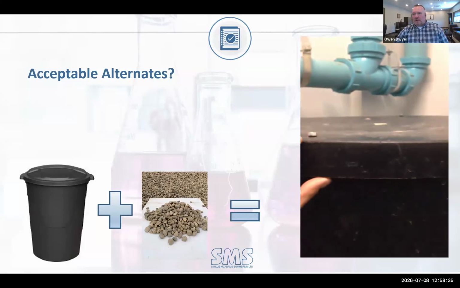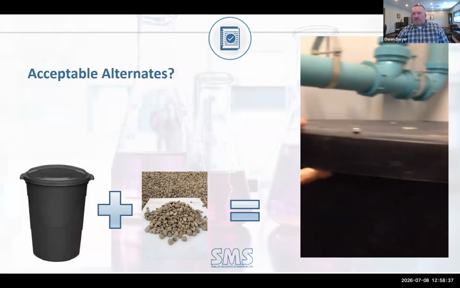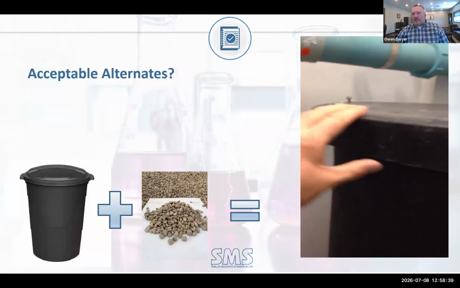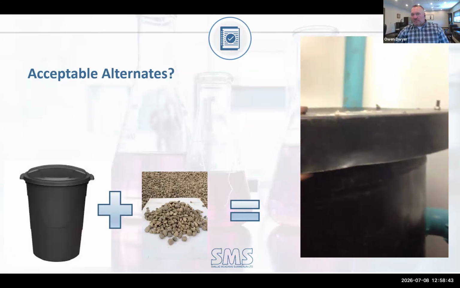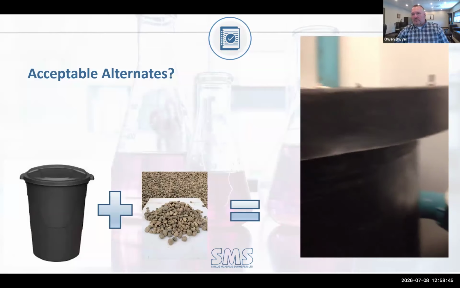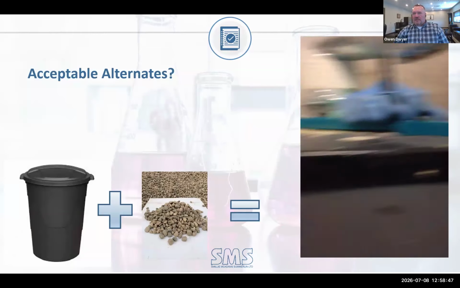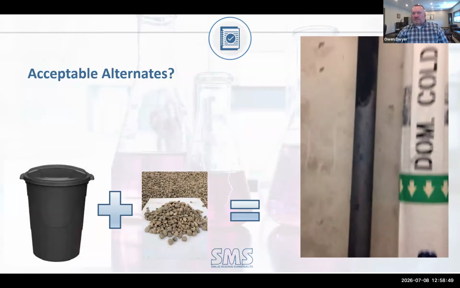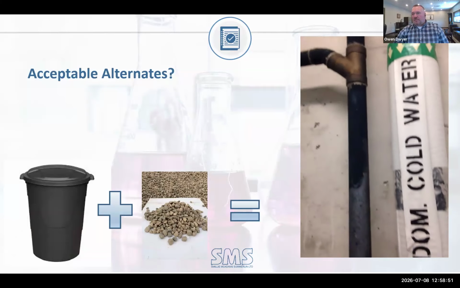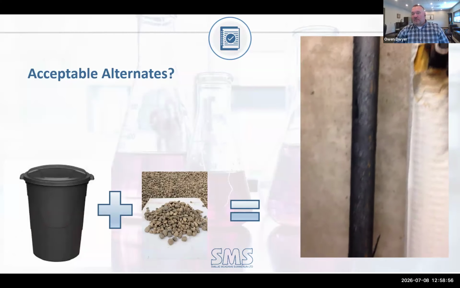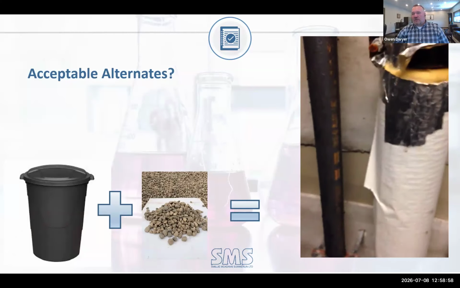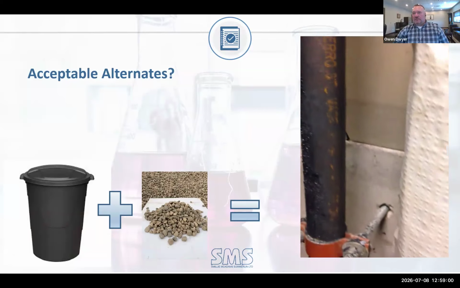You have a Rubbermaid garbage can and a bunch of rocks. This video shows a very poorly made system with a very flimsy lid. And in this space, this is a copper pipeline that's being corroded by the corrosive vapors escaping the neutralization system because the lid is not strong enough to make a seal.